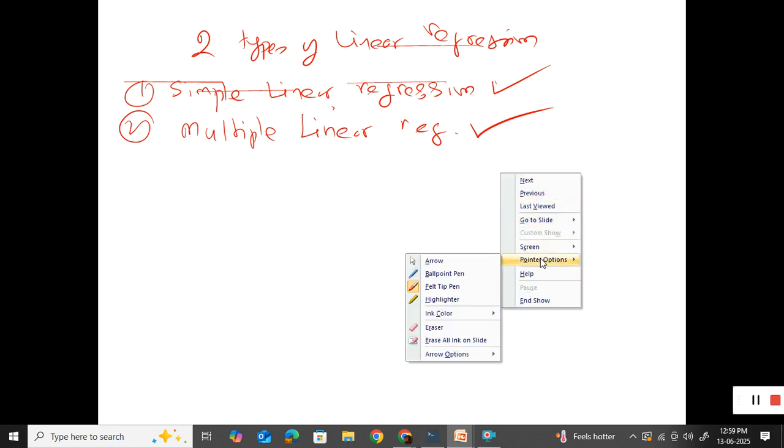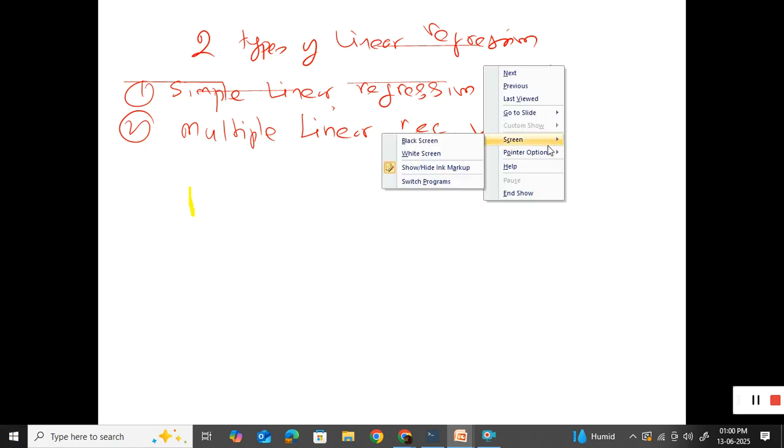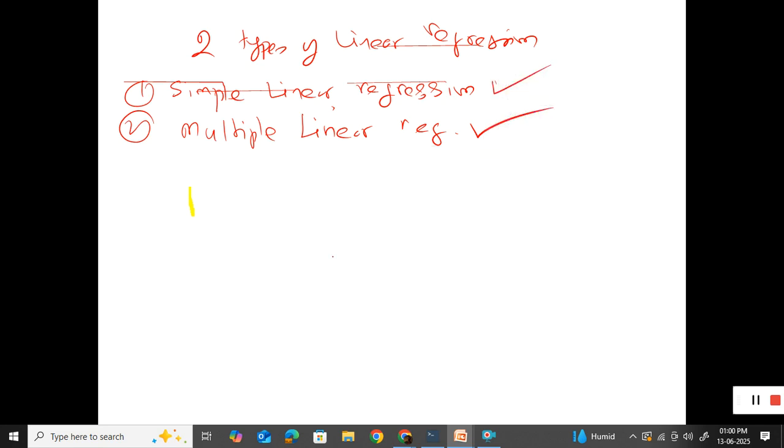Here I will write it. I just write it neatly, the slope. We can represent the slope in two different ways.